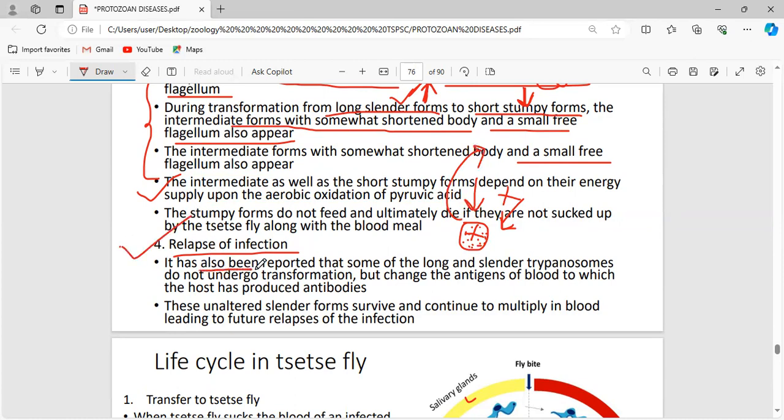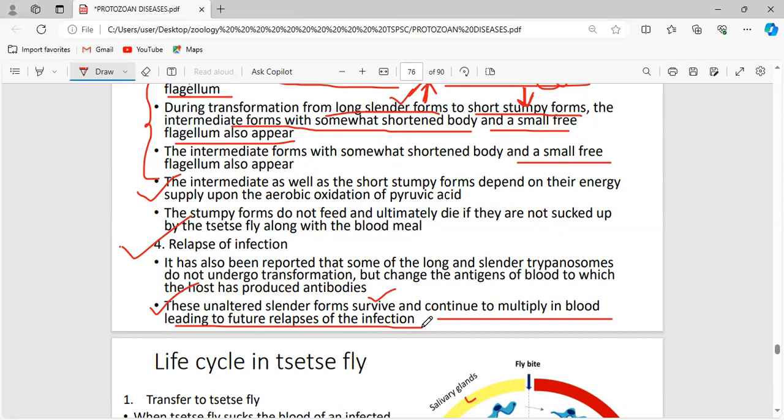See, it has also been reported that some of the long and slender trypanosomes do not undergo transformation but change the antigens of the blood to which the host has produced antibodies. They are just keeping themselves alive until any of the vector will take them. These altered slender forms survive and continue to multiply in blood, leading to future relapses of the infection.